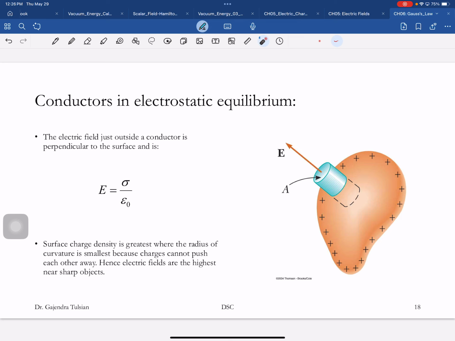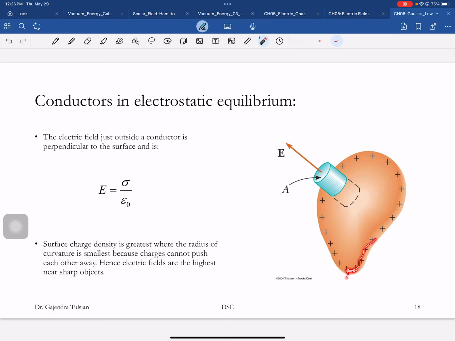All right, so now let's see what this does for us. So that's the electric field strength. Let's say we put a bunch of charges here. What do the charges do to each other? They repel each other, and they want to be as far away from each other as possible. Okay, let's come to a sharp corner.